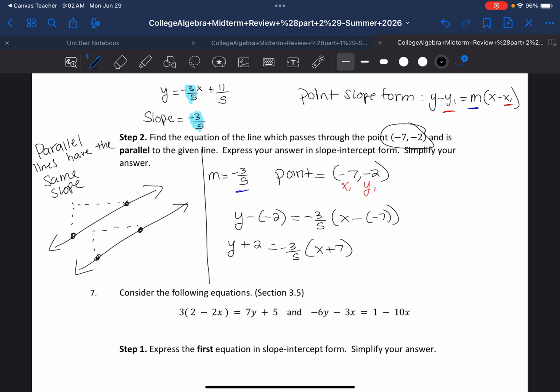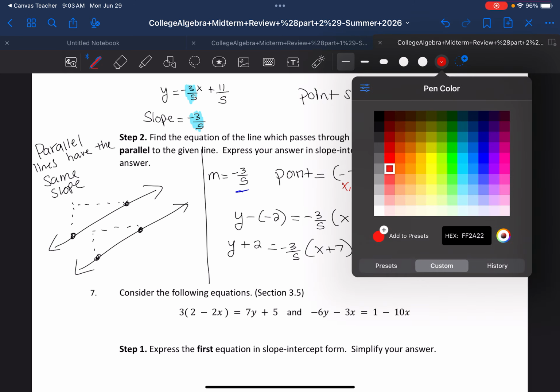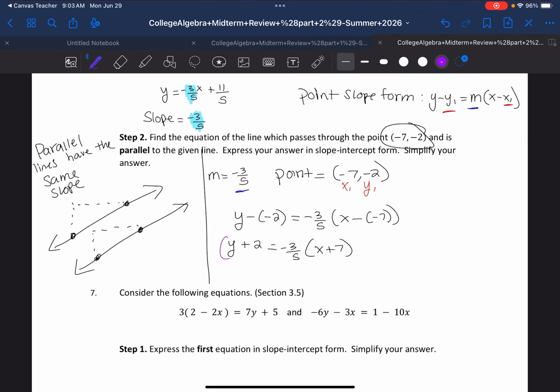Now you can either distribute that fraction, or you can multiply everything by the denominator of 5 to cancel that fraction. So that's what I'm going to do, because I don't like to work with fractions. So I'm going to multiply all of this side by 5, and I'm going to multiply this whole side by 5. So on the left side, I'll have to distribute, which will give me 5y plus 10.